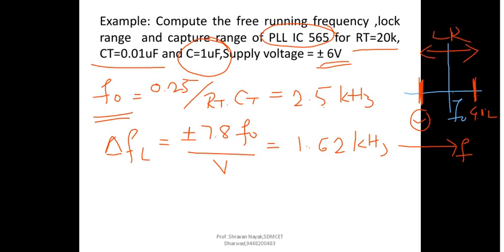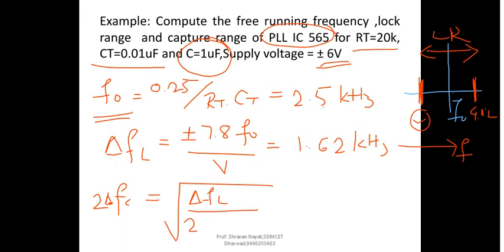Then the last one is the capture range, that is 2 into delta FC. We have already seen the formula: square root of delta FL divided by 2 pi into 3.6 into 10 to the power of 3, into the value of the capacitance, 1 microfarad, that is 1 into 10 to the power of minus 6.